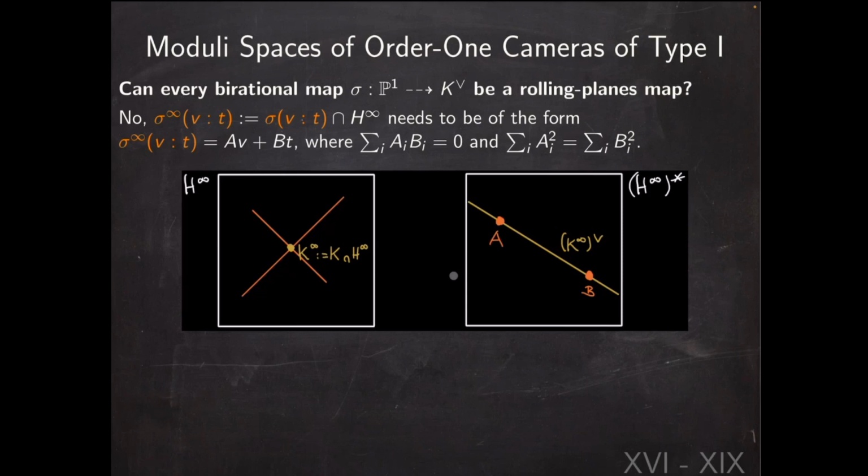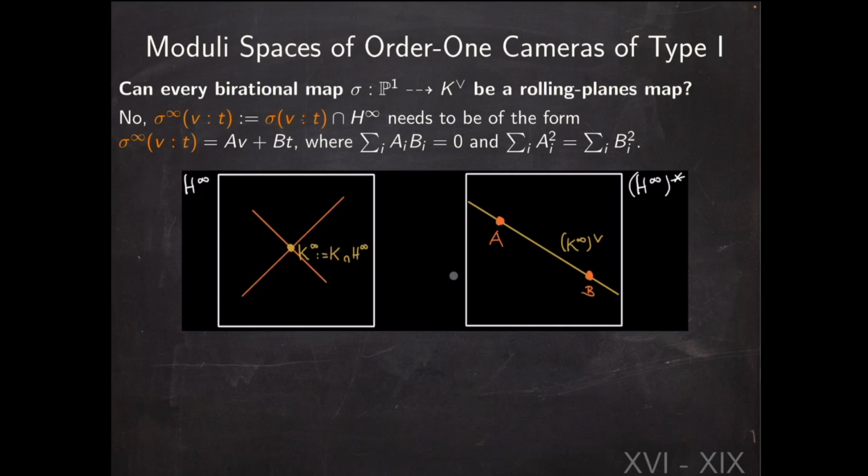There's a three-dimensional family of such maps. Now, what I'm telling you is you cannot choose them arbitrarily. You can only choose them among a one-dimensional family of such maps. They essentially have to be very specifically written out, spanned by 2 points A and B that are orthogonal to each other.